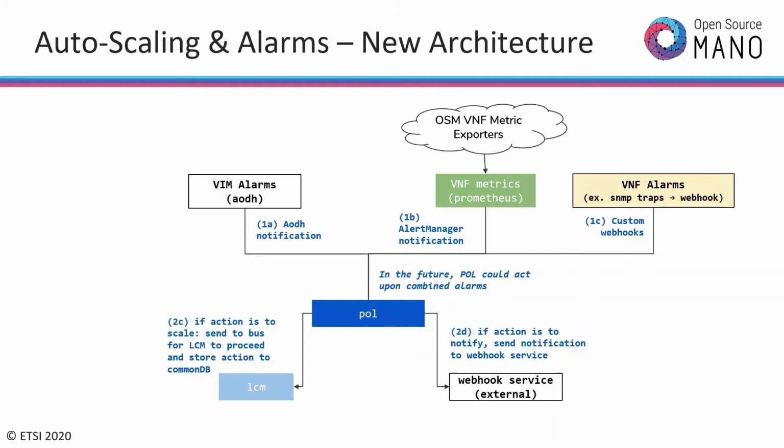Now this is decentralized so that every entity, let it be the VNF and the alarm evaluation through Prometheus, let it be the VNF's external alarms like the SNMP traps or the VIM, can directly call the POL, and POL can then decide whether it's LCM or webhook.